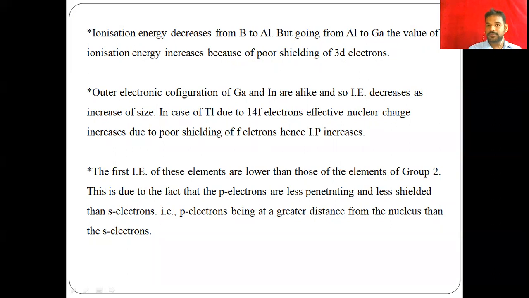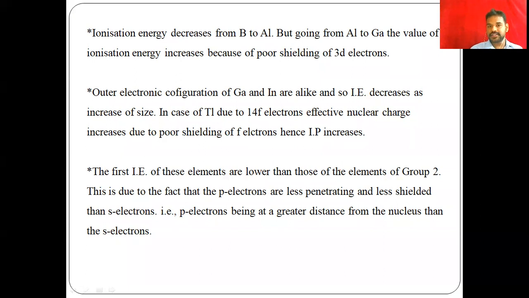So in both cases the reason is different, and the shielding effect is common. We give the reason as poor shielding effect in both cases, but in aluminum to gallium this is because of the 3d electrons, while in indium to thallium this is because of the poor shielding effect of the 14 f orbital. So this is the difference.